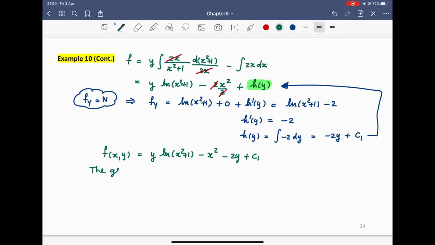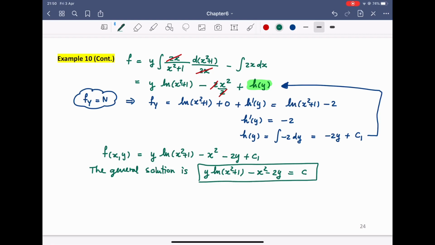So the general solution is y log(x squared plus 1) minus x squared minus 2y equal to c, right? Because you can group the constant c1 with c here.